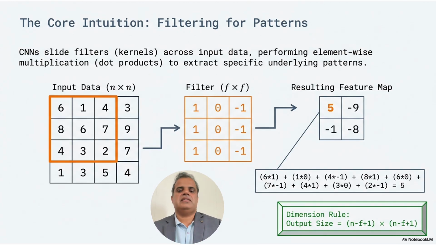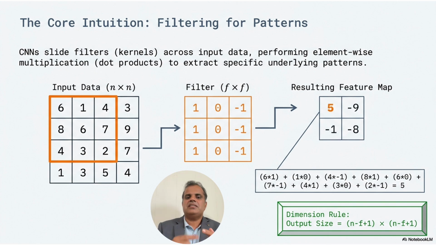Filtering for patterns. Imagine looking at a large grid of numbers, our input data, n by n. To extract specific features, a CNN slides a smaller window called a filter or kernel, f by f, across that big grid. As the filter hovers over a section, it performs a basic arithmetic.